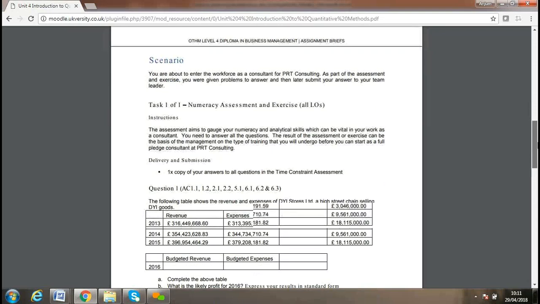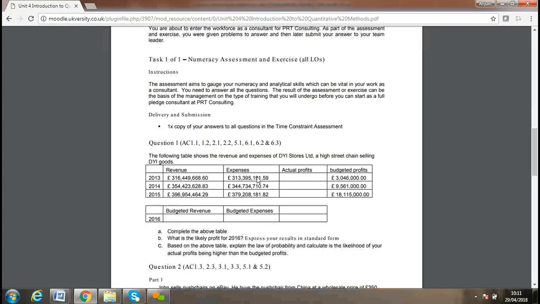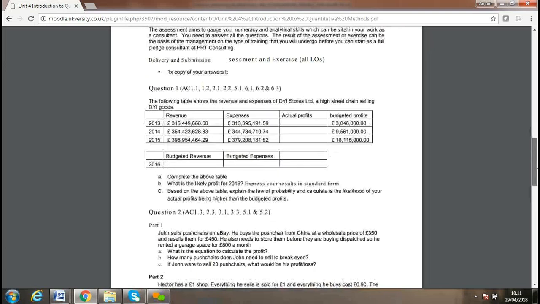In the last lesson we discussed the equation. The task, part A, part 1 and section A, which we need to calculate: what is the equation to calculate the profit? In maths, an equation is where we use the equal sign, with a right-hand side and a left-hand side.